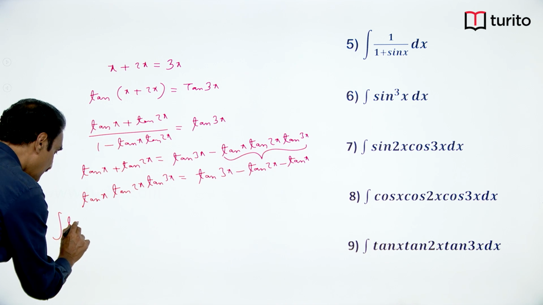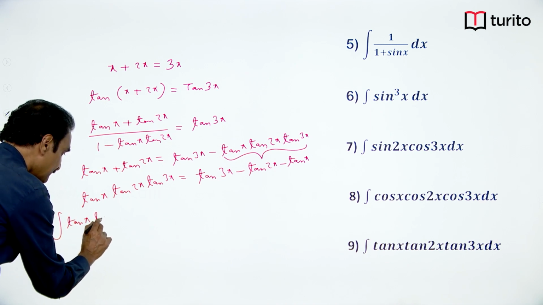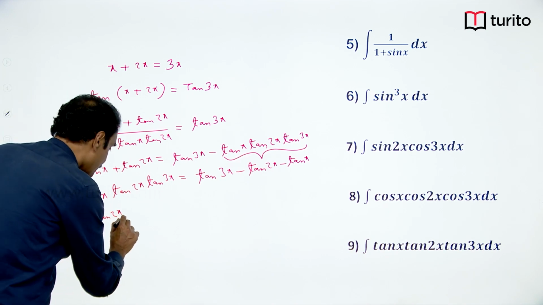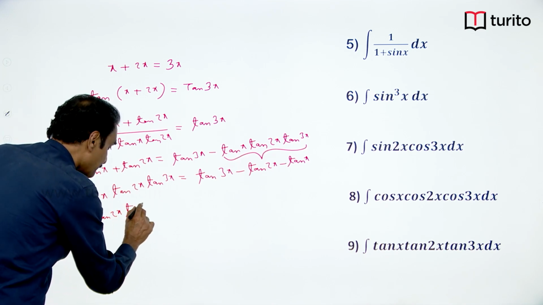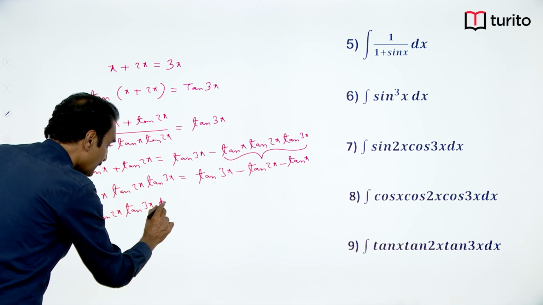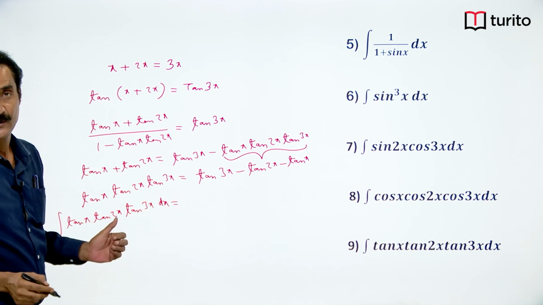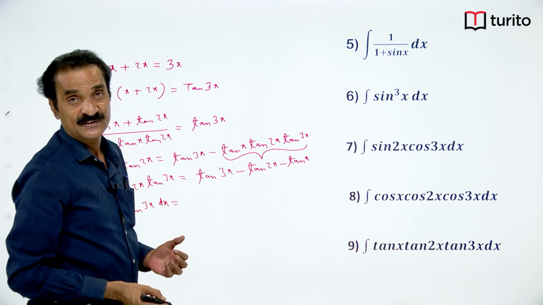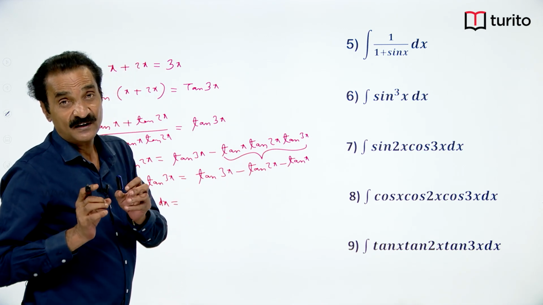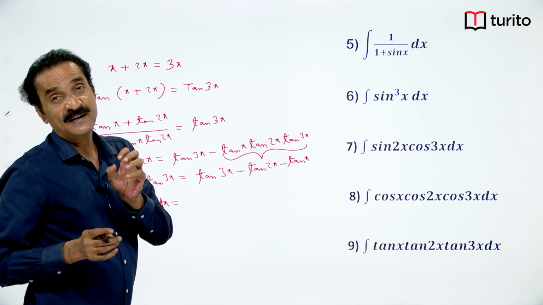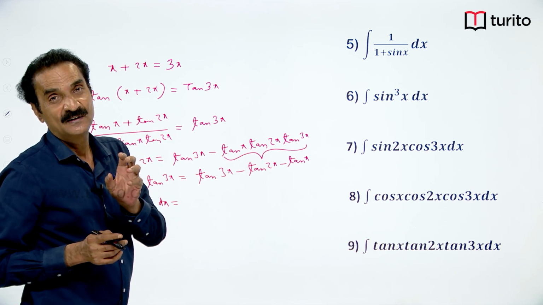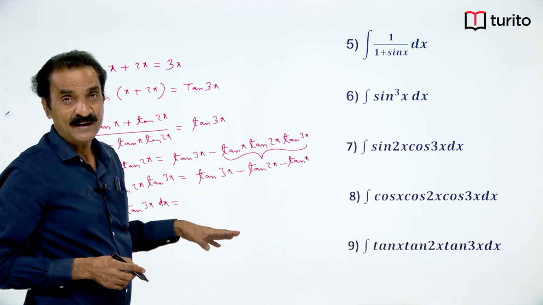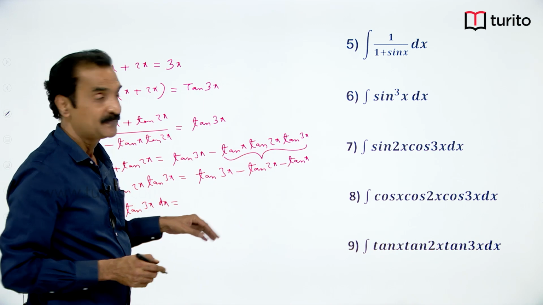Integral tan x tan 2x tan 3x dx is equal to, directly I will write, what is the integral of tan 3x? We discussed the integral of tan x. Integral of tan x is ln mod secant x. Assuming that 3x is x, later we can divide by 3, inner derivative 3.